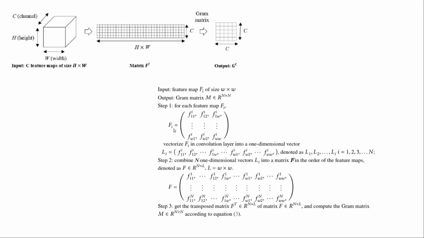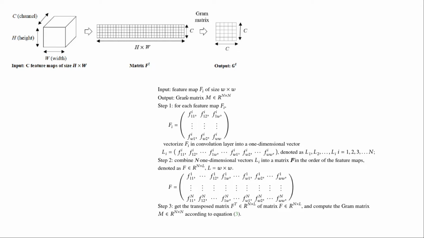Then take a look at this part of the image. Here it gives a little more detail on the actual implementation algorithm. Take a feature map Fi of size w by w, then the output will be a Gram matrix in the space of n by n. In our example, on the top part, the original was h by w by c, the input space of the original tensor, and the Gram matrix just becomes c by c.